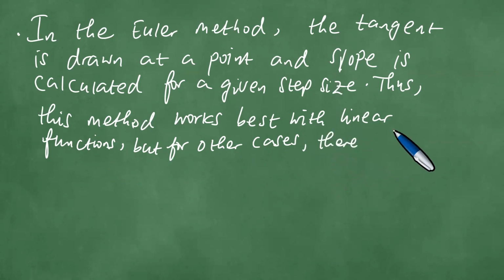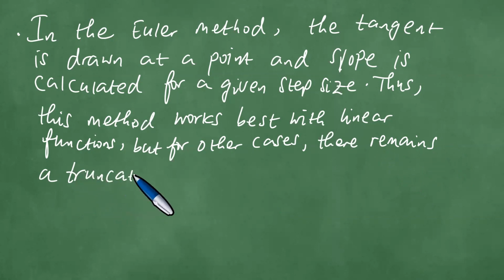There remains what you call a truncation error. So the Euler method, the tangent is drawn at a point and slope is calculated for a given step size.